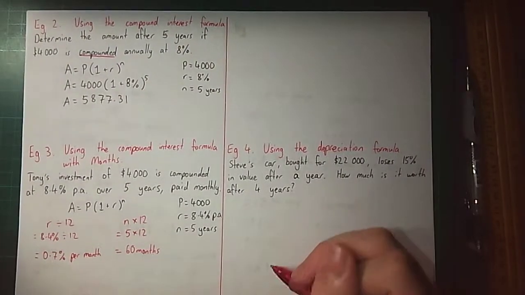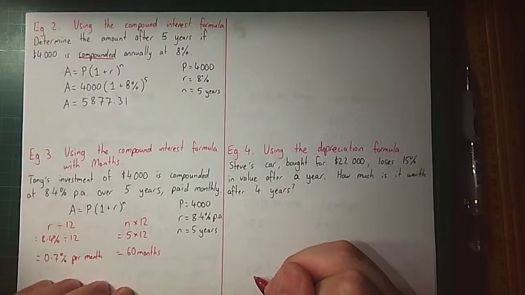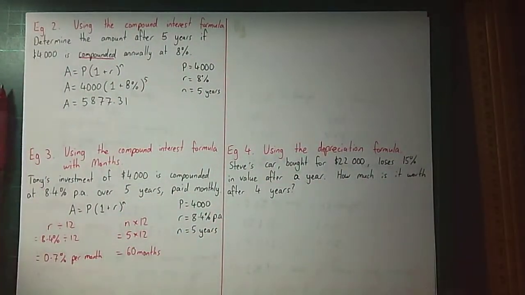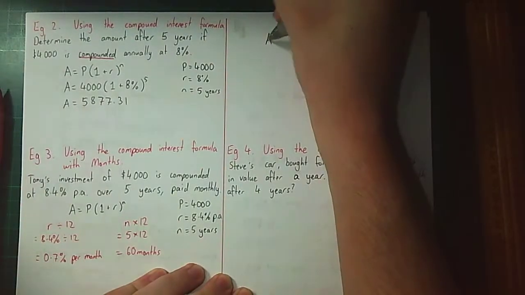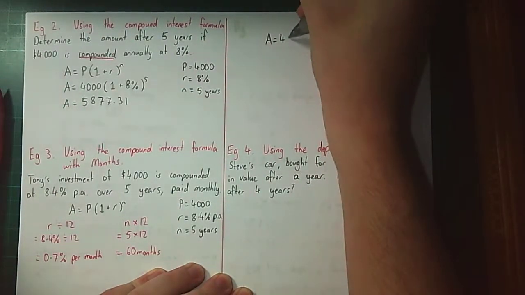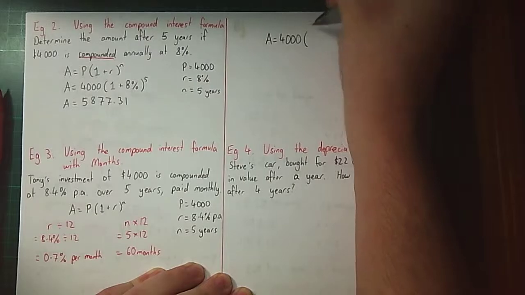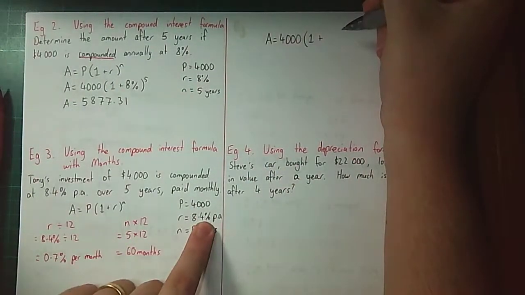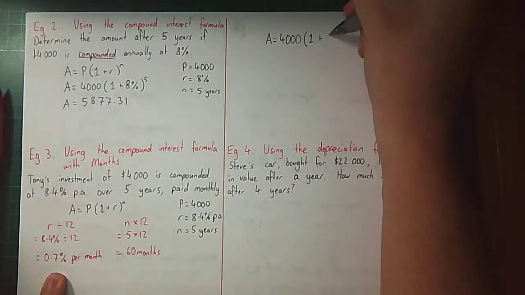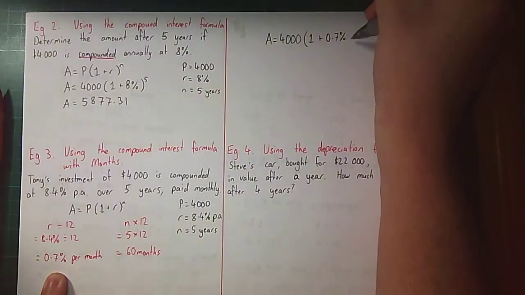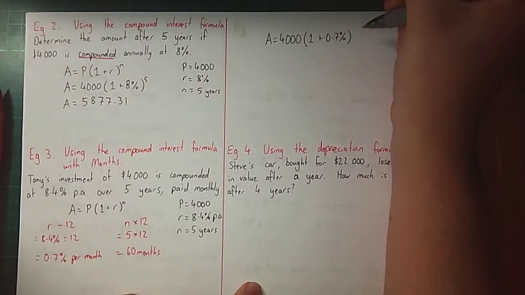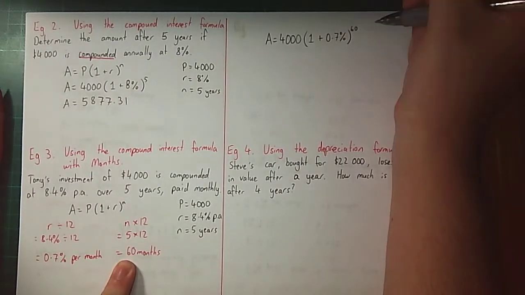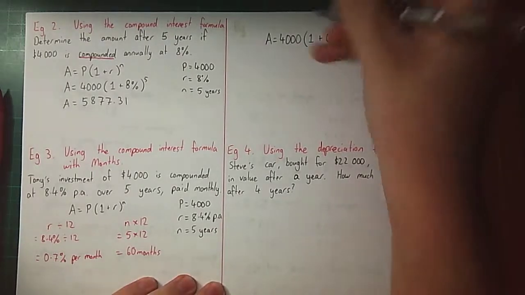We can then put these into the formula that we've written up here. I'm going to do that up here just so we have a bit more space. So A is equal to P, which is the same, it's $4,000 times 1 plus, now instead of using 8.4%, I'm going to use 0.7%, as that is a monthly percentage, and it's to the power of 60, not 5, our new rate, new N, which is 60.